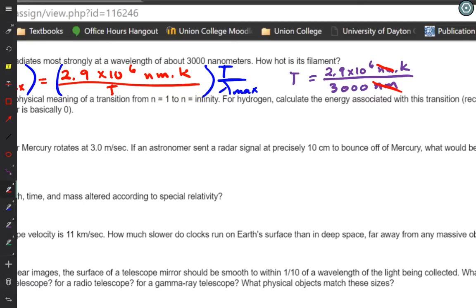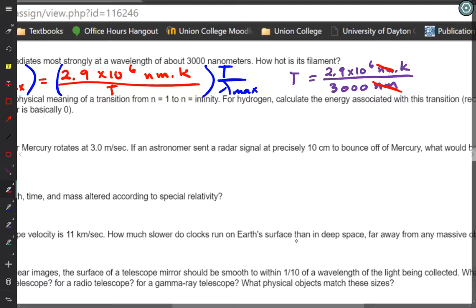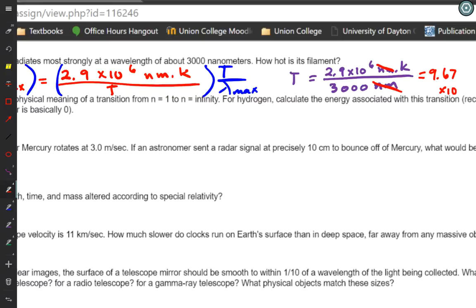So, hey, I got a calculator here that I think will work. Much better than what I had before. I do that calculation, I get 9.67 times 10 to the, if I make the top 29, that's going to be 29 times 10 to the fifth. The bottom 3 times 10 to the third. 10 to the fifth divided by 10 to the third.